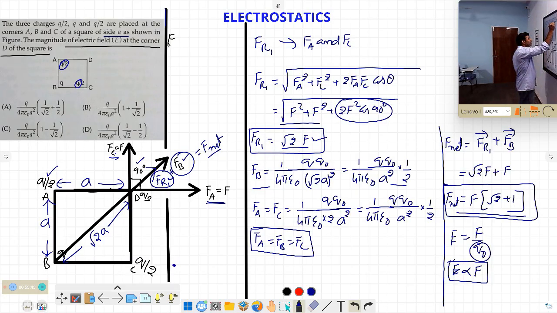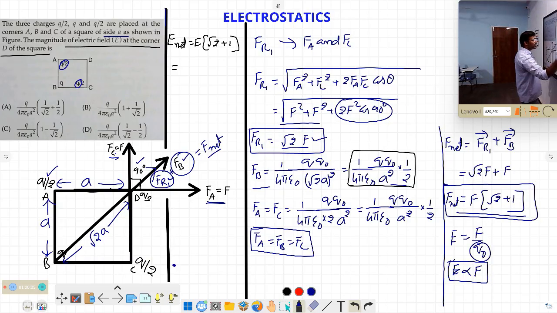F net corresponds to E net, which is the electric field intensity due to one charge into root 2 plus 1, right? So what is the electric field intensity? It is the corresponding force of any one of the charges. That is 1 by 4 pi epsilon naught, and in the case of electric field intensity we have only one charge, that is q, by a square.